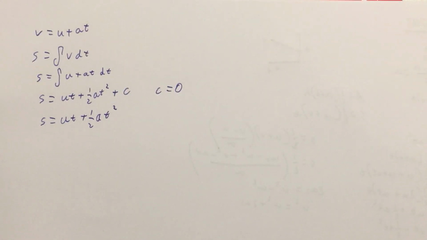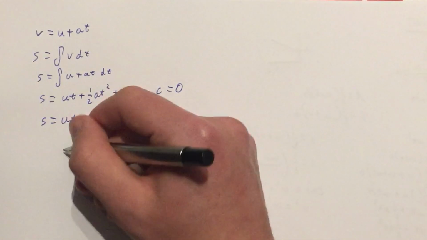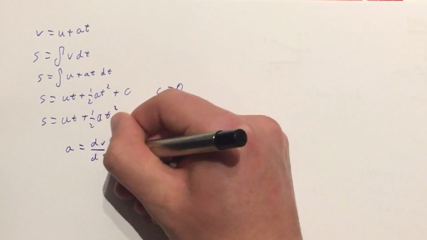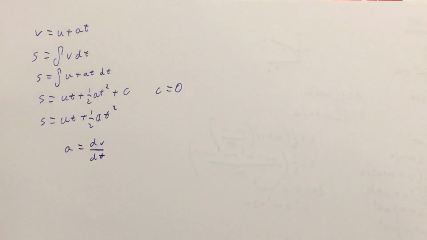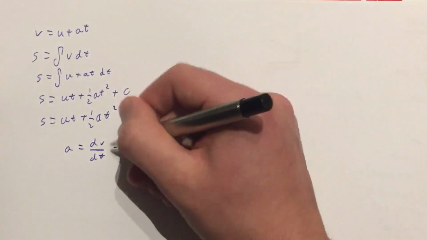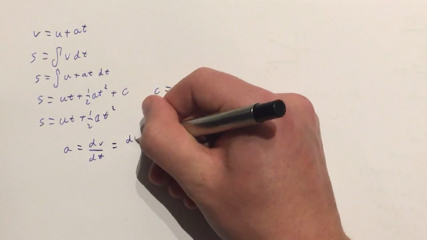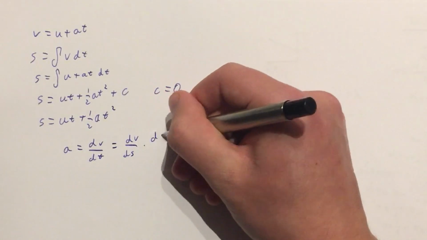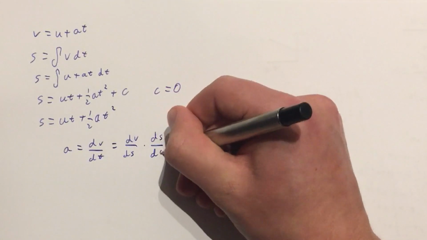Now we can do the same if we use the fact that a is equal to the rate of change of velocity, dv by dt. Now dv by dt is also equal to dv by ds times by ds by dt.